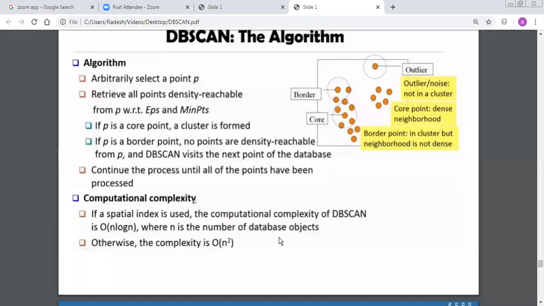If we are applying the DBSCAN technique on spatial data, then the computational complexity is O(n log n). Otherwise, if you are applying the same technique on normal data, then the complexity is O(n^2).